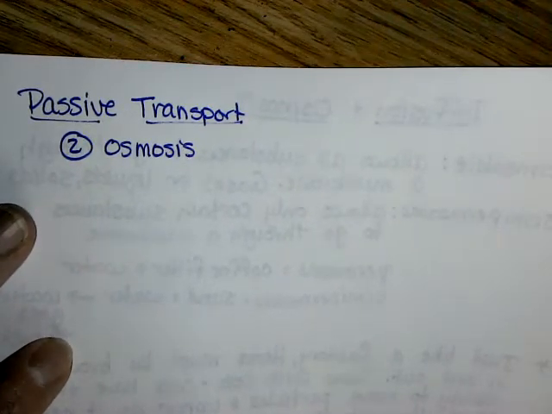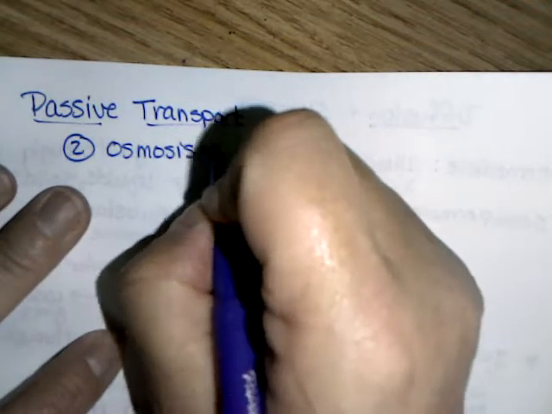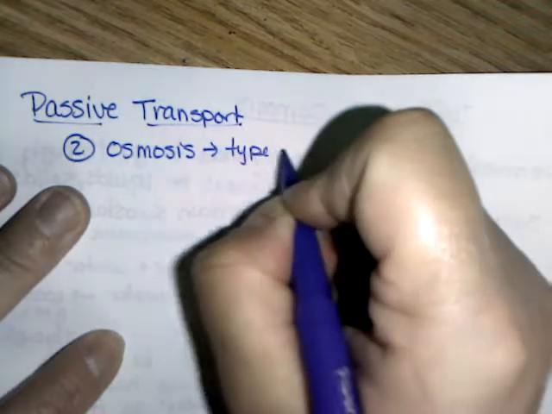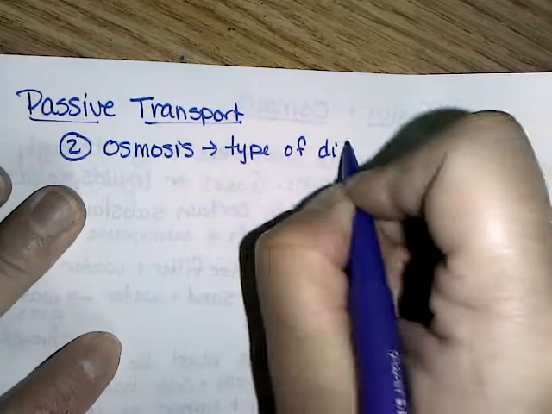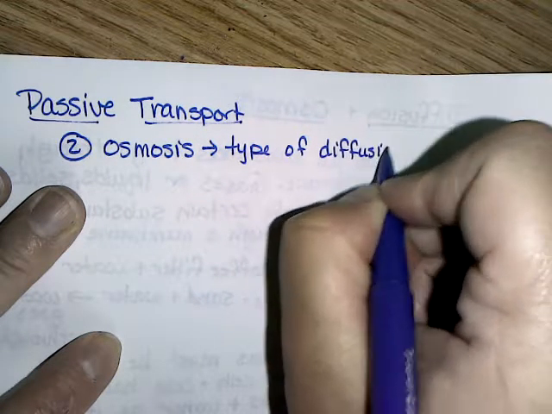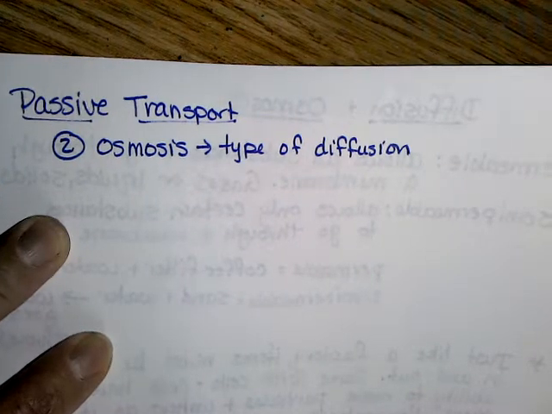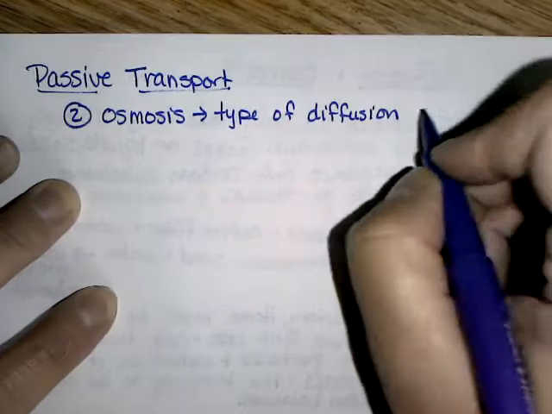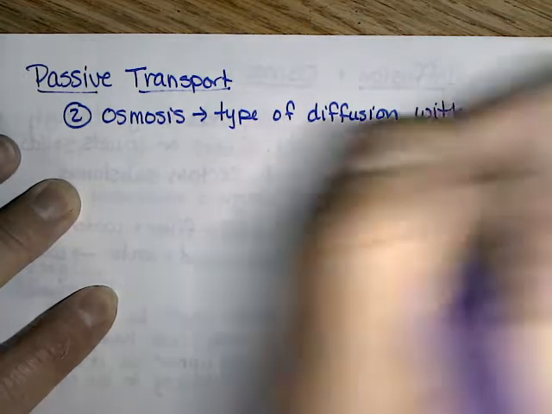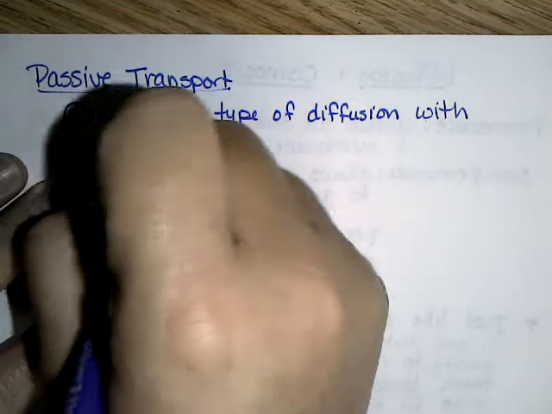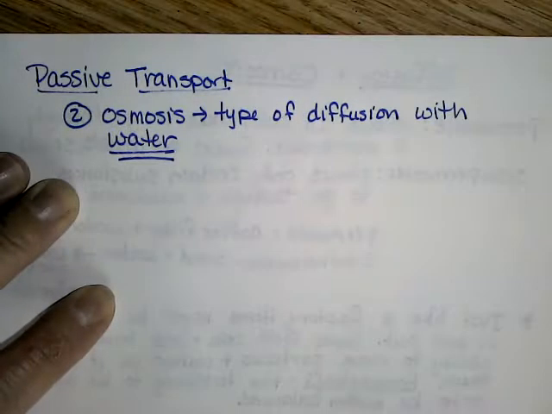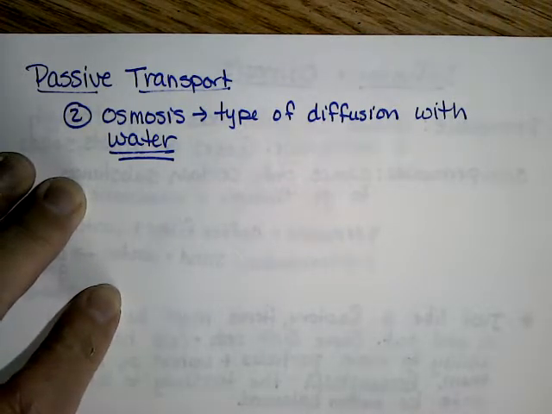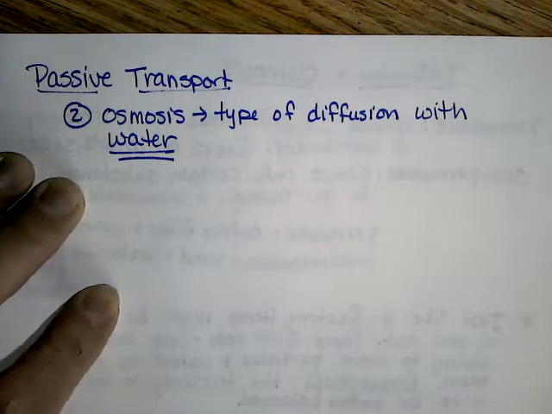Okay? Osmosis is a type of diffusion with water. No other substances besides water are able to enter that cell or leave that cell.